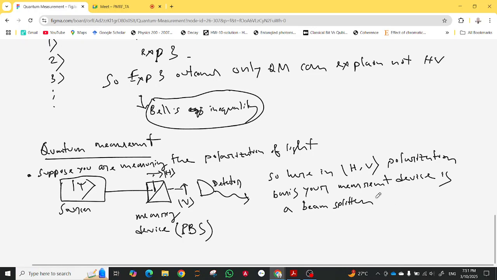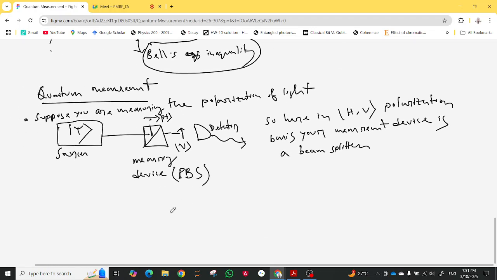This beam splitter splits the field based on whether it is horizontally polarized or vertically polarized. That's why we said measurement depends on the basis.